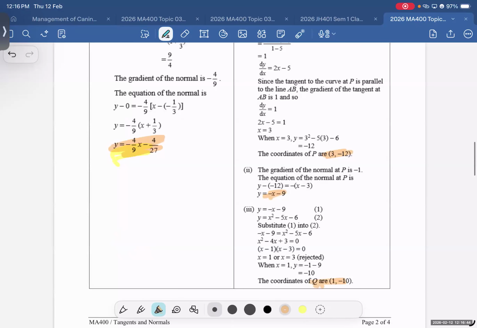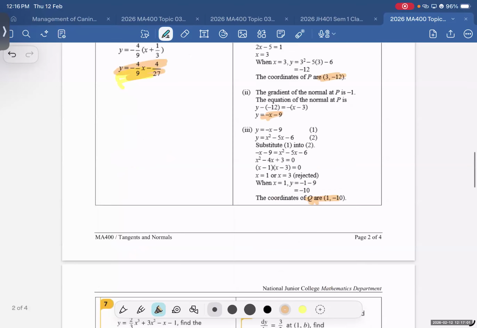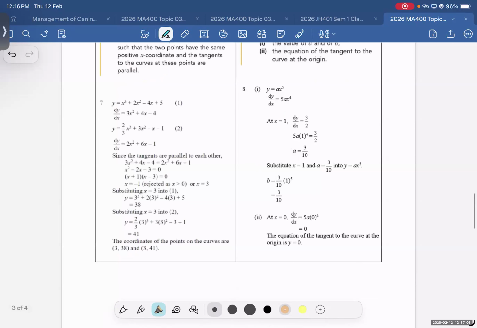Okay? Confirm? Okay. Question 5. Only if you have attempted more than half, then I let you take photo.